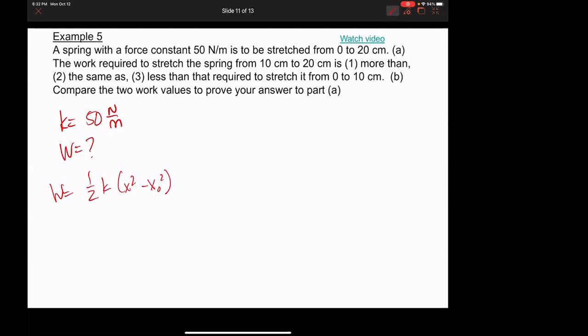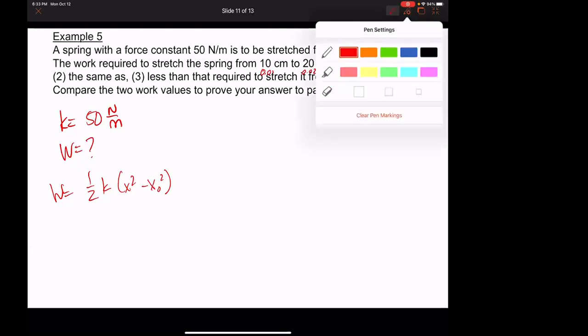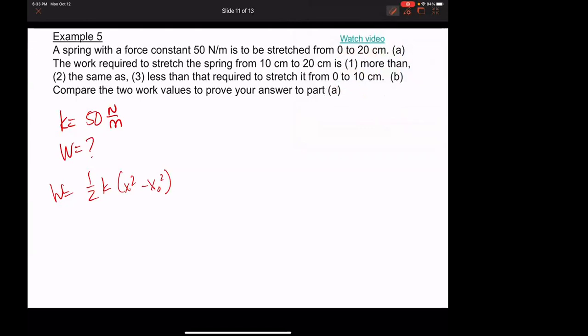Sorry, I screwed that up. The distances are 0.1 meters, 0.2 meters, and 0.1 meters.